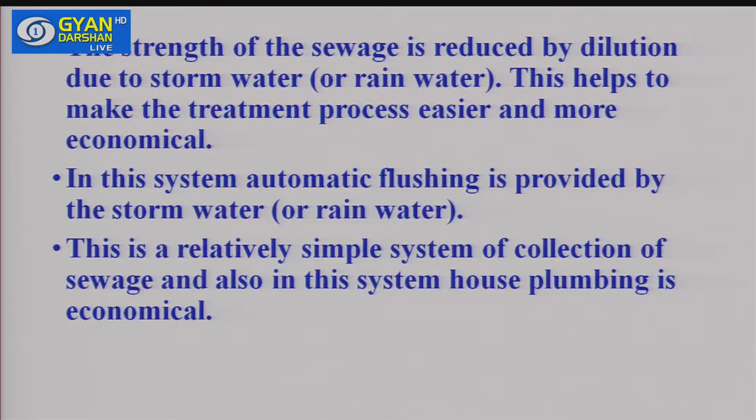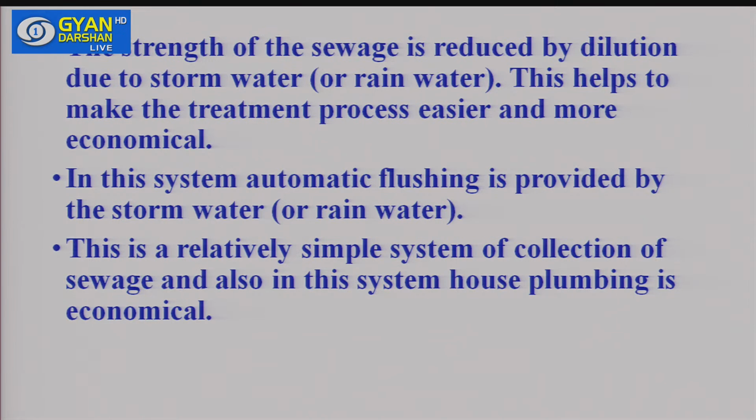Then the strength of sewage is reduced by dilution due to the storm water. Because here we are carrying sewage and rainwater, the rainwater dilutes the strength, the concentration level, of the sewage.